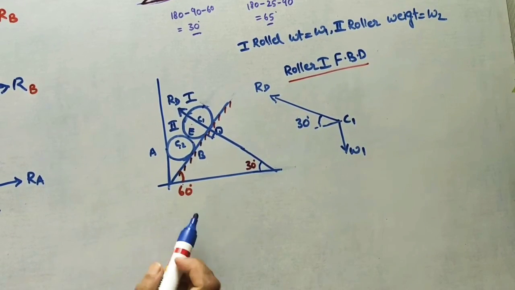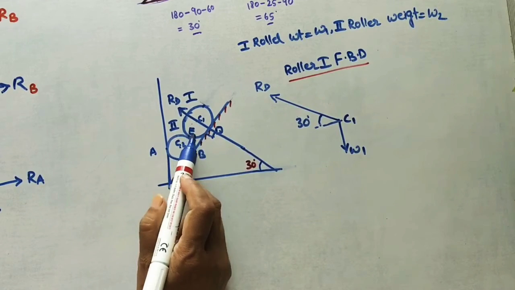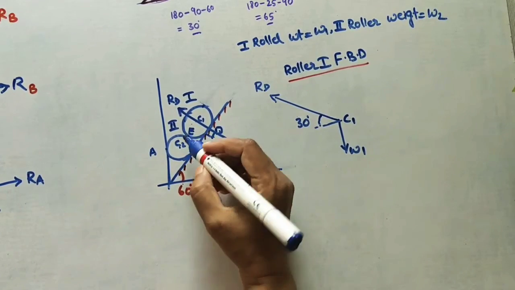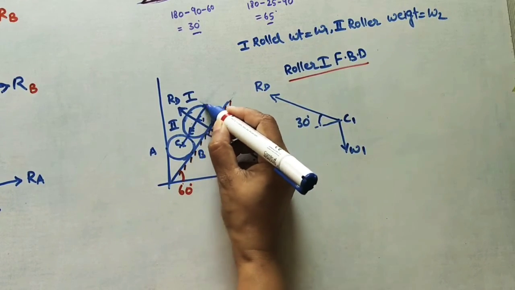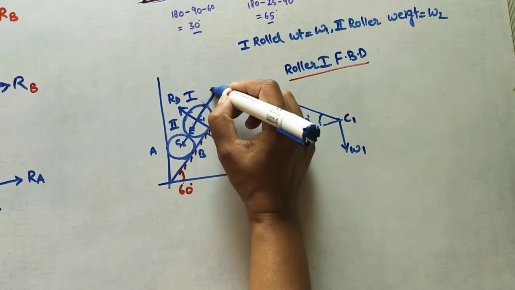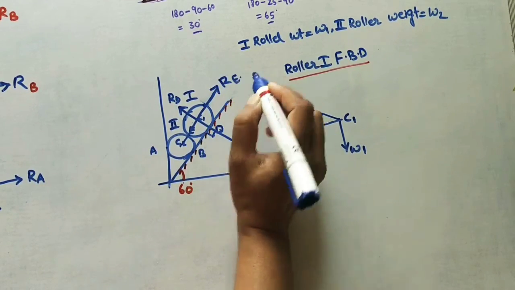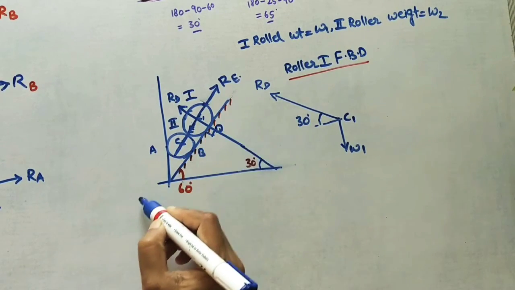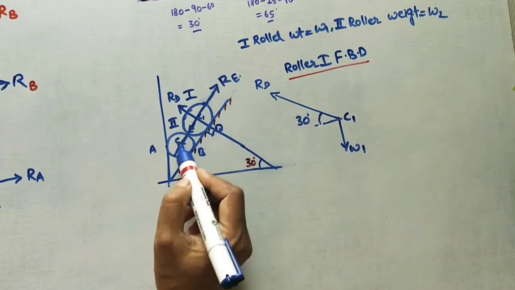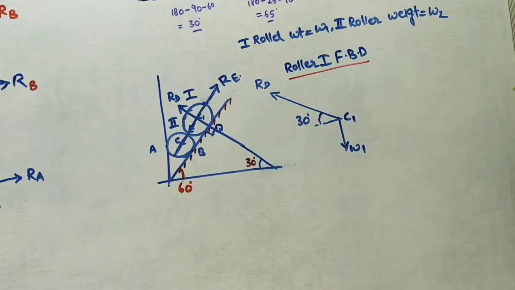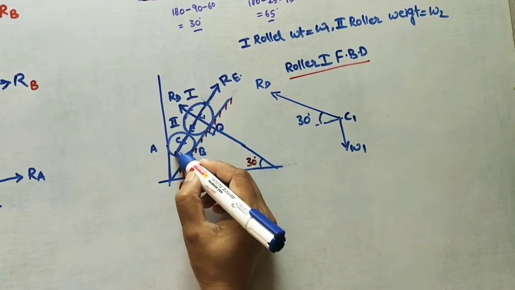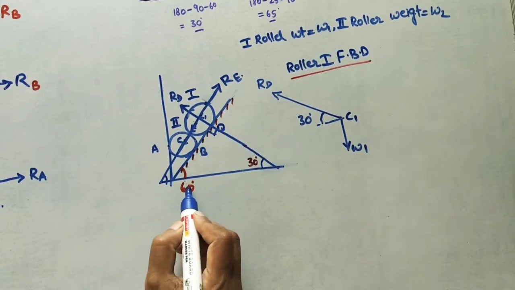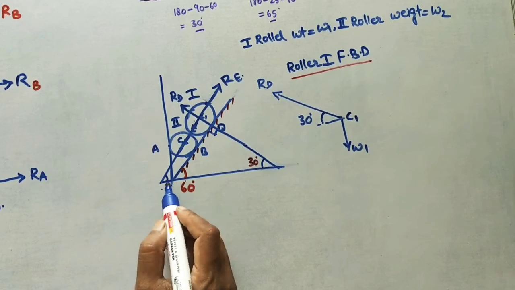And then what is the next contact point? E is the contact point for this. At E point, the reaction is acting through the centers, like this. RE. Now these two centers are on the same line, so this line and this line are parallel lines. Parallel lines means these are making the same angle with the horizontal.